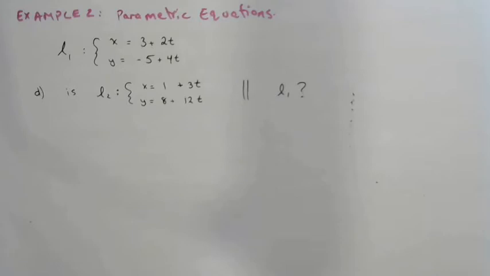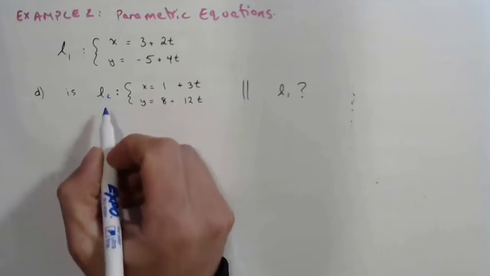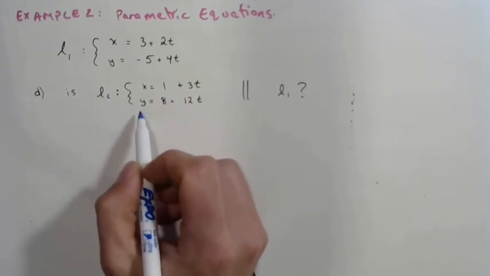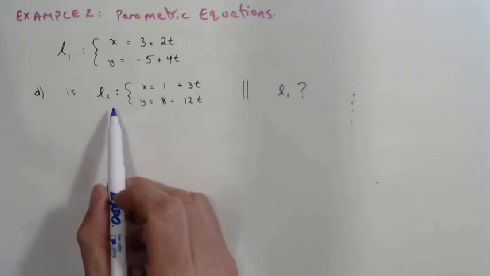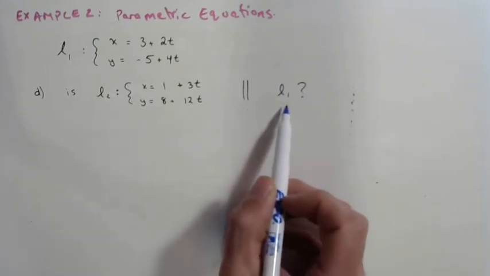So again, how are we going to do this? So in part D, we're given a second line, L2, broken into its x and y components, and we're going to find out whether or not L2 is parallel to L1.